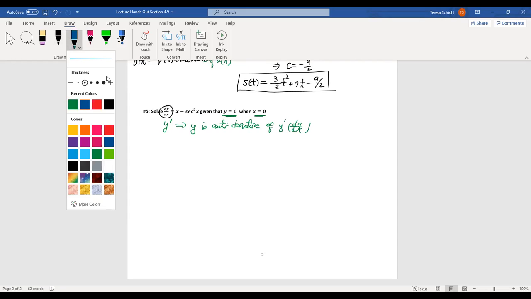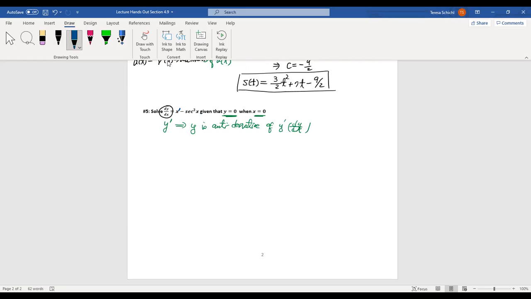So let's take a look at this one. This x is x to the first power. So y is equal to the antiderivative: this will be x squared over 2, since 1 plus 1 is 2, and then minus secant squared x. What is the antiderivative of secant squared? It's tangent x. Then don't forget plus c. Now, I want to find this particular solution when x equals 0, y equals 0.